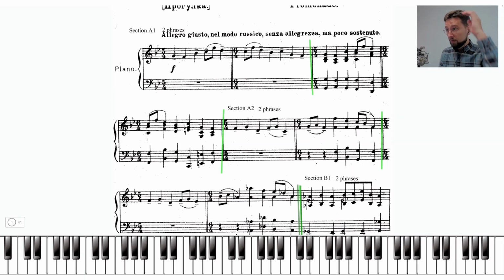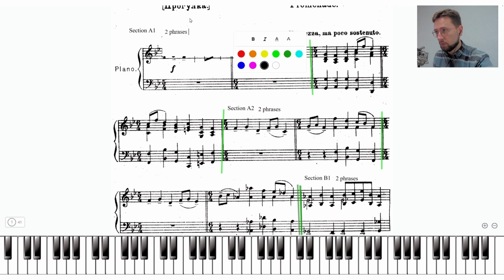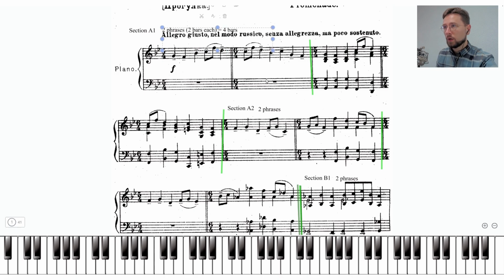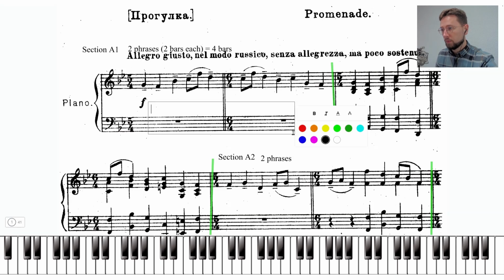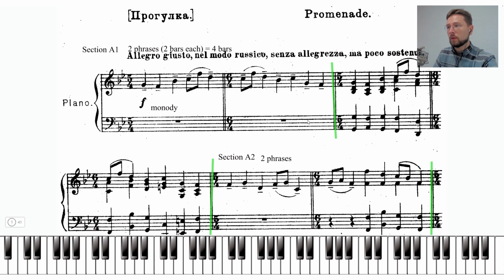Now let's dive in and try to make sense of the first two phrases that make section A1. So that's two phrases, 2 bars each, which is equal to 4 bars. The first thing that we have is this opening, which is monody. Needless to say, it's probably one of the most iconic openings, in Ravel's orchestration sounding with the trumpet.